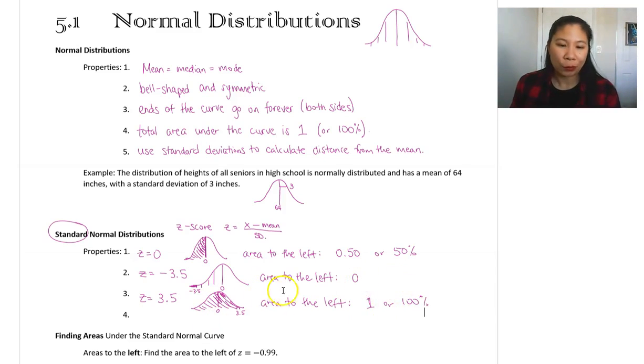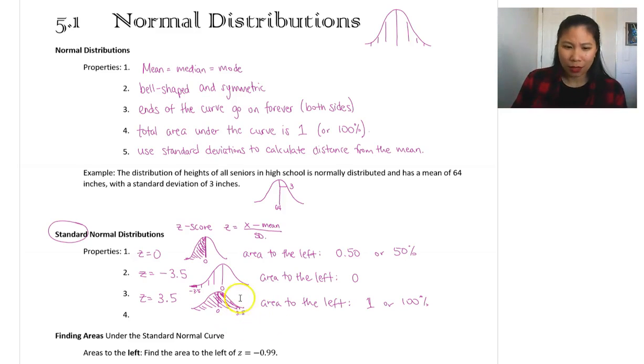So the area to the left of a z-score of 3.5 or greater is going to be about 1, because anything greater than 3.5 would have been even more to the right, and so shading to the left is going to be about 1.